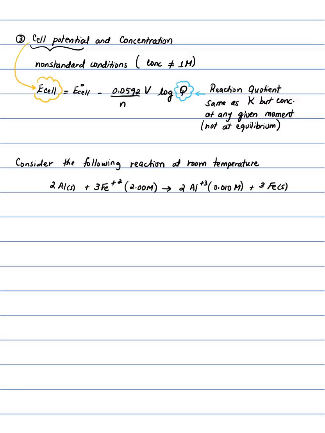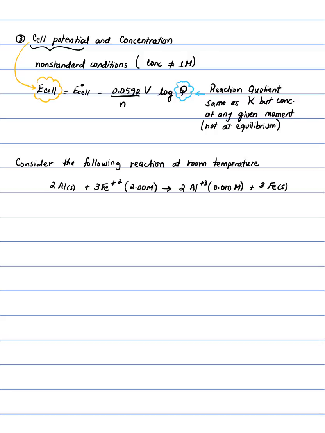So the concentrations are different from 1 molar. So we don't calculate the cell potential using the equation cathode minus anode, because those numbers in the standard potential table that I showed you in the beginning are all calculated under standard conditions.